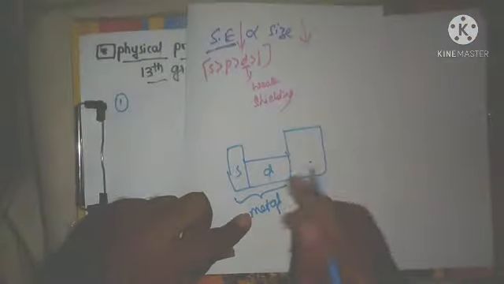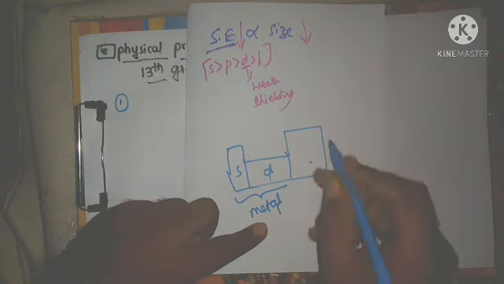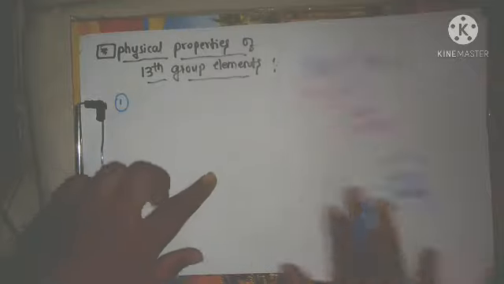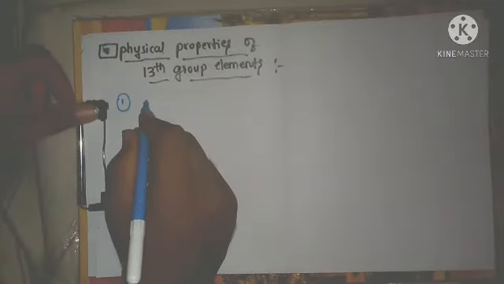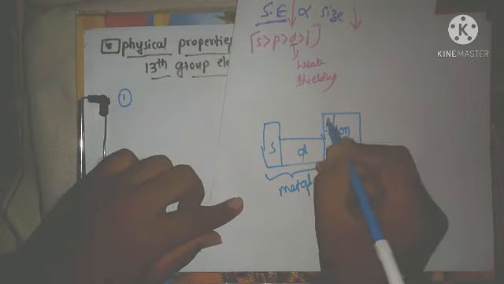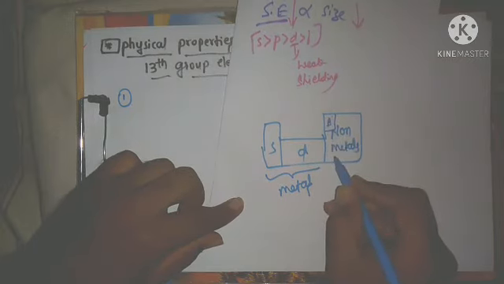S block elements and D block elements are metals, whereas P block elements are non-metals. But here, don't get confused: from top to bottom, the metallic character increases.